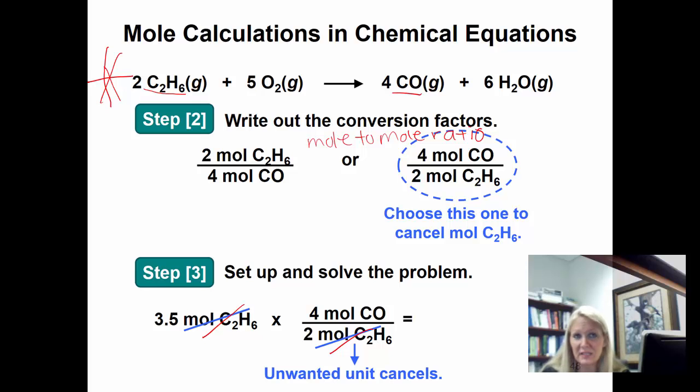You have to be given the equation, look at the coefficients, and come up with your mole to mole ratio. We cancel our unwanted units. We take 3.5 times 4, divide it by 2, and we get 7.0 moles of CO. The unit that we want and the compound is left on top, not canceled out.